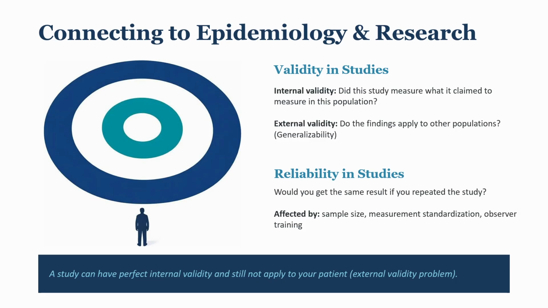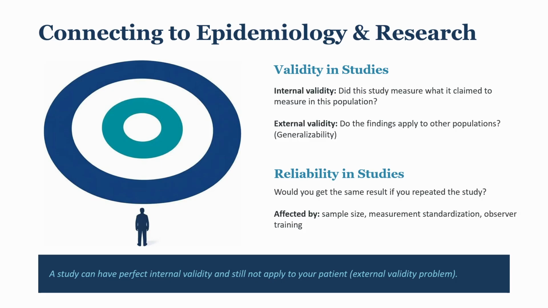Reliability in a study context is about reproducibility. If you repeated this study with a similar population, would you get the same result? This is affected by sample size, how carefully measurements were standardized, and whether observers were trained consistently. We'll revisit internal and external validity in detail in Unit 5 when we cover study design and evidence appraisal.